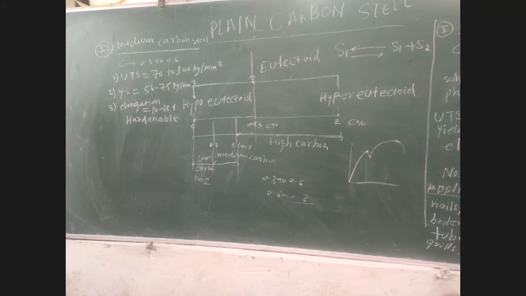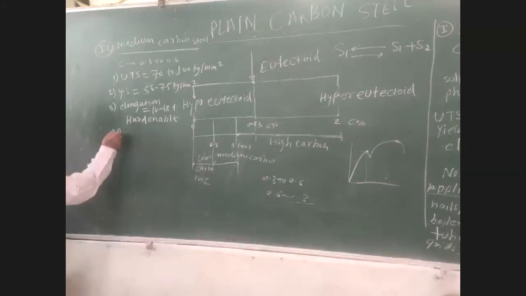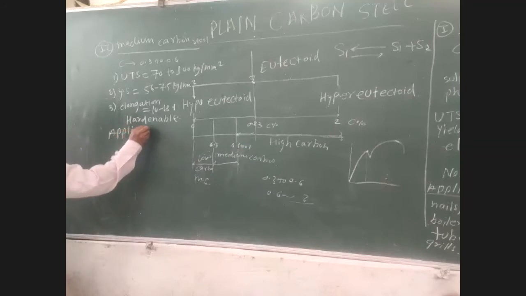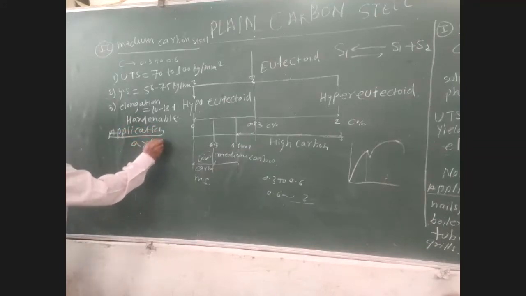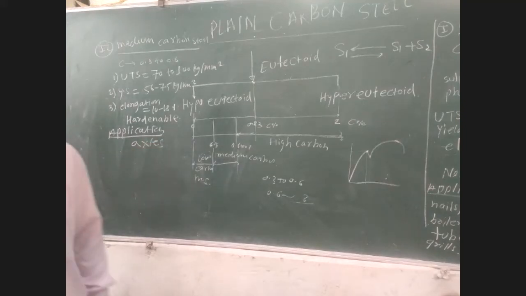Now, where can we use this medium carbon steel? Your four-wheeler axle, for example. Applications: axles. You might have seen them in our four-wheelers. This is made from medium carbon alloy steel.